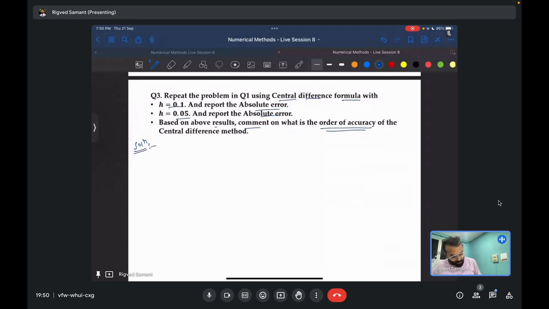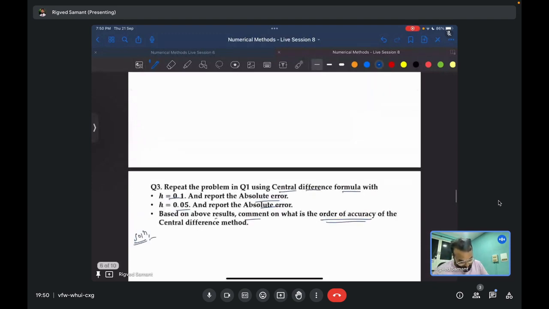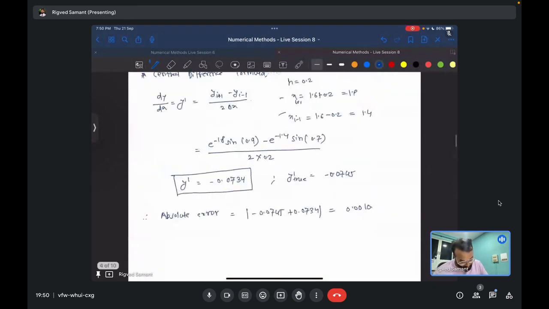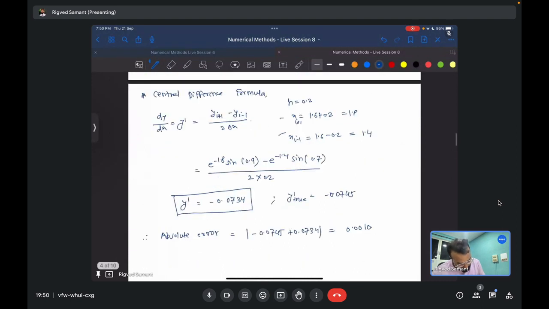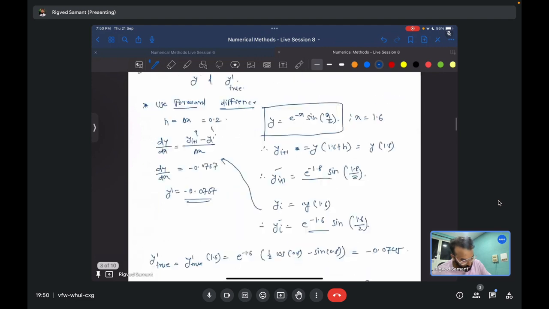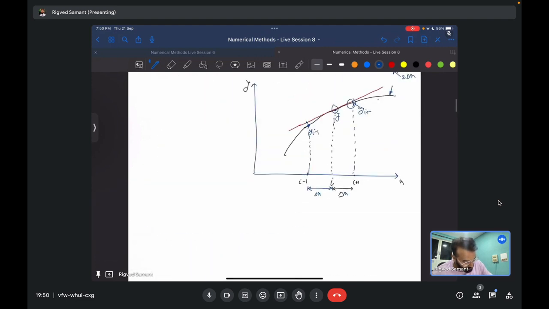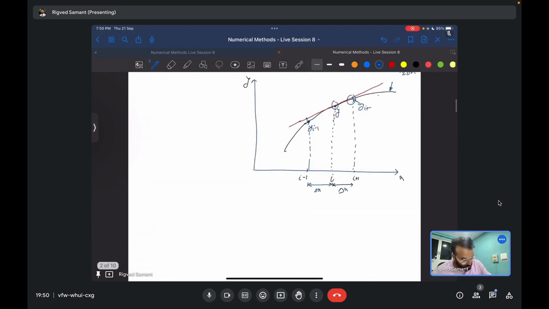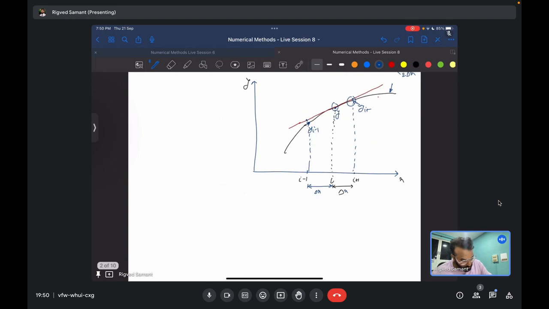Okay, so in the first question, we had used this central difference formula. In central difference, you will only use these end points. Forward difference means you use these two; central difference means you use these end points.